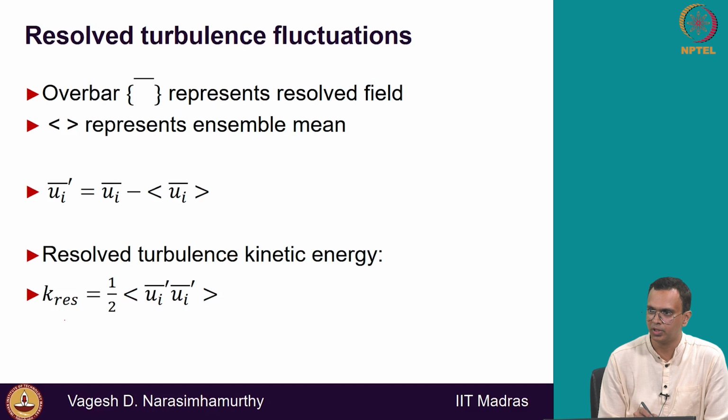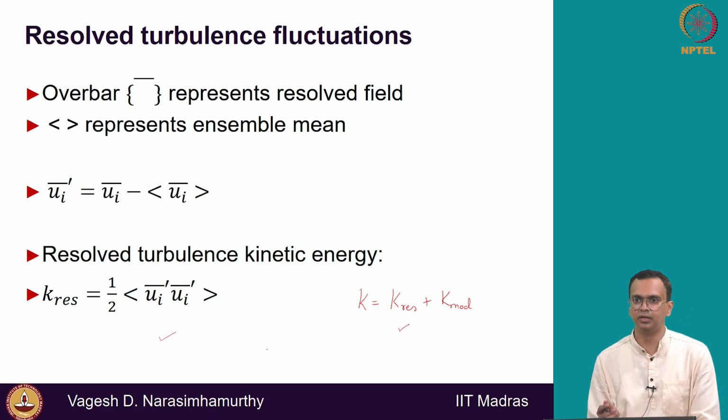There is also a component for the model, right? So K is equal to K resolved plus K modeled. So the better the resolution, most of the kinetic energy will be resolved and represent your turbulence kinetic energy, and that you can compute again using your resolved fluctuations.